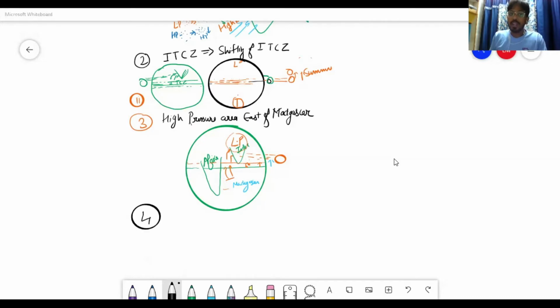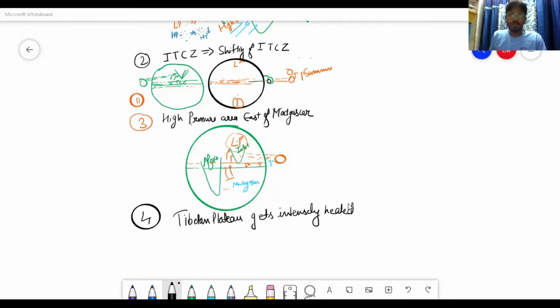Tibetan plateau gets intensely heated. Right? So we are going to understand it.